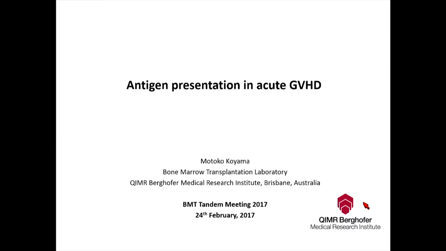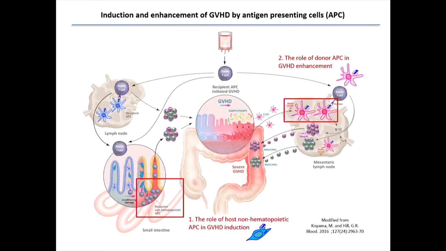So this talk is about antigen presentation in acute GVHD. This is a graphic summary of today's talk, and please let me show it to you first. As you know, naive T cells mediate GVHD.